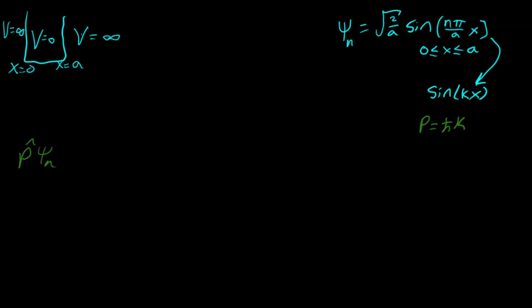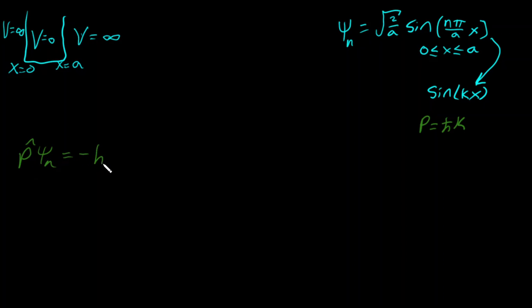Hopefully you can see the t part won't matter here; I'll include it for our next bit, but for right now it won't matter at all. If it has a definite momentum, we will get a constant multiple of psi n.